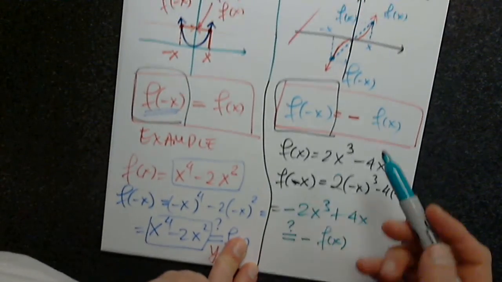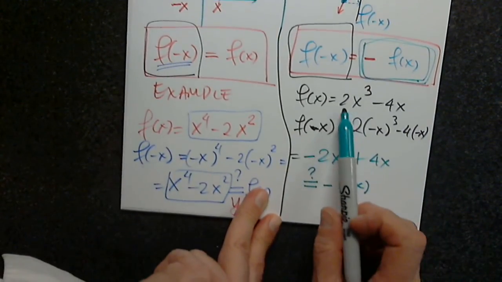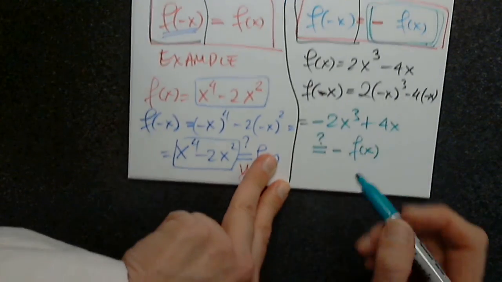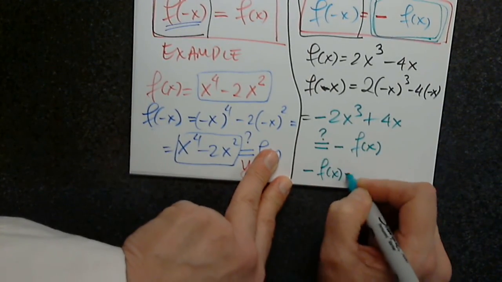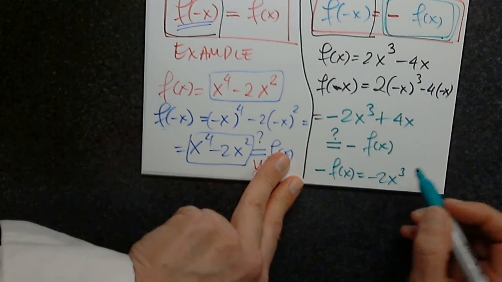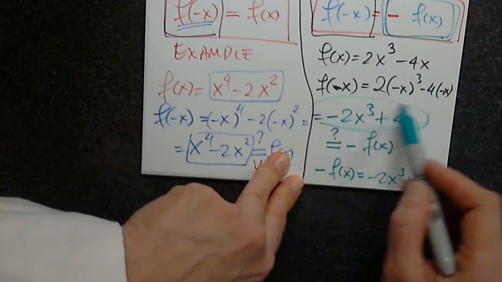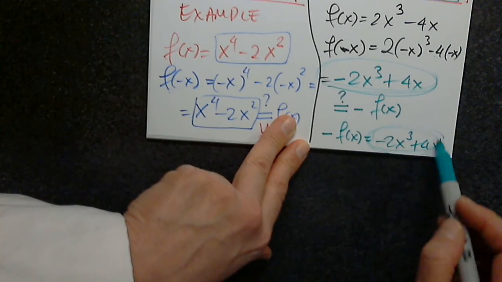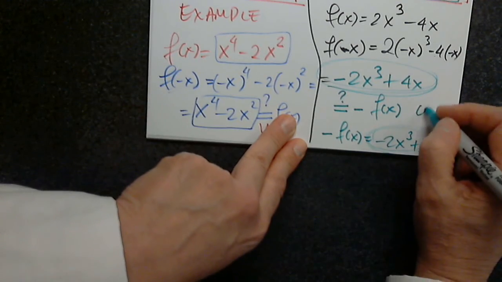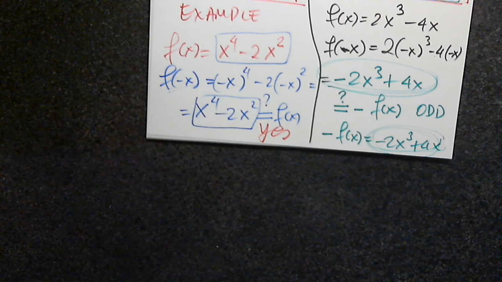I don't know. I haven't calculated the opposite of f of x. So I multiply both sides by negative 1. So negative f of x, as we had in the difference quotient, will be negative 2x cubed plus 4x. So now the question is, is this the same thing as this? If they are the same, then I'll say the function is odd, which means when I get the chance to graph it, its graph will be symmetric with respect to the origin.